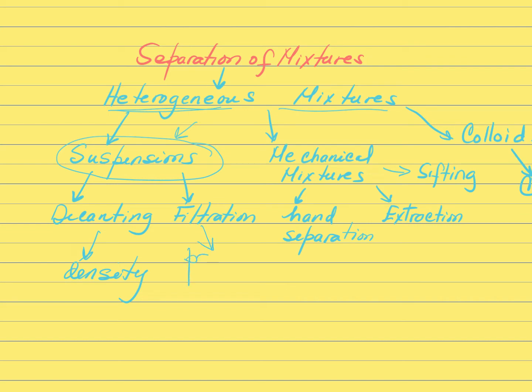When you're using filtration, the physical property that you're using is particle size. Why? Because you are making sure by using filtration that all the solid that you have in your mixture is retained in the filter paper, using particle size as the physical property to separate the different components.